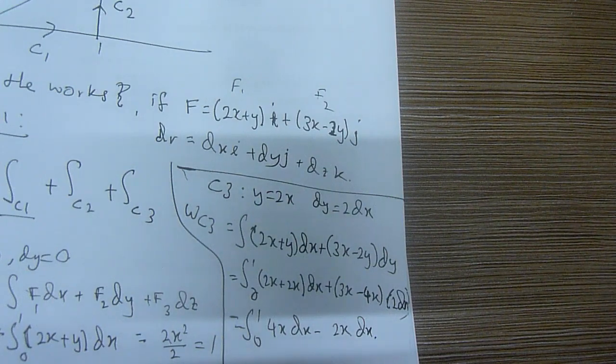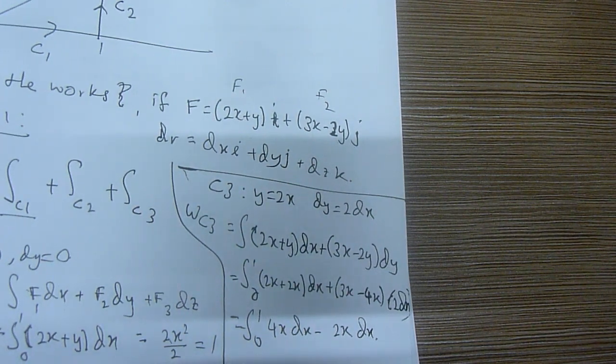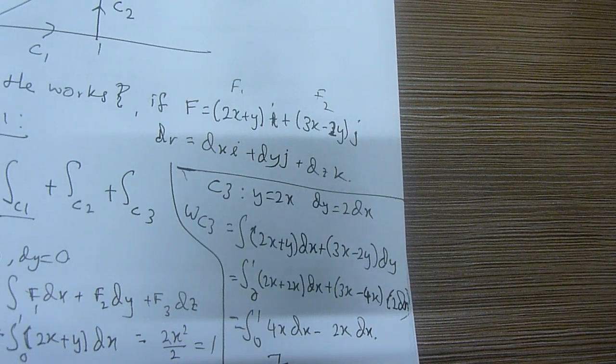Now you can combine and do it. The solution that you will get is 2x squared over 2x squared, and once you solve it, you will get 7 over 2, if I'm not wrong.